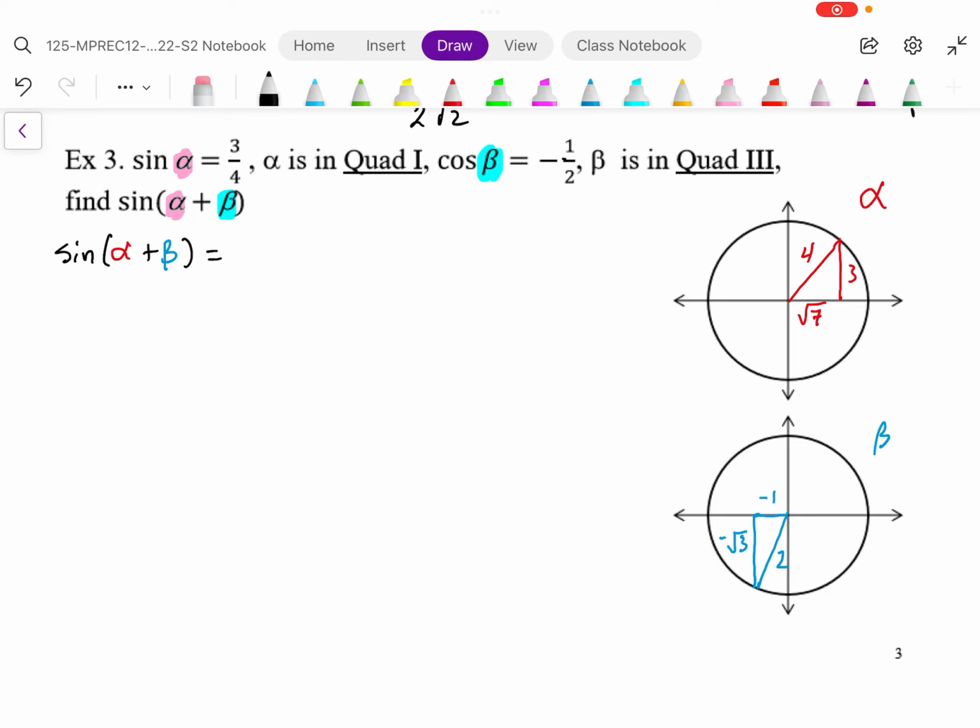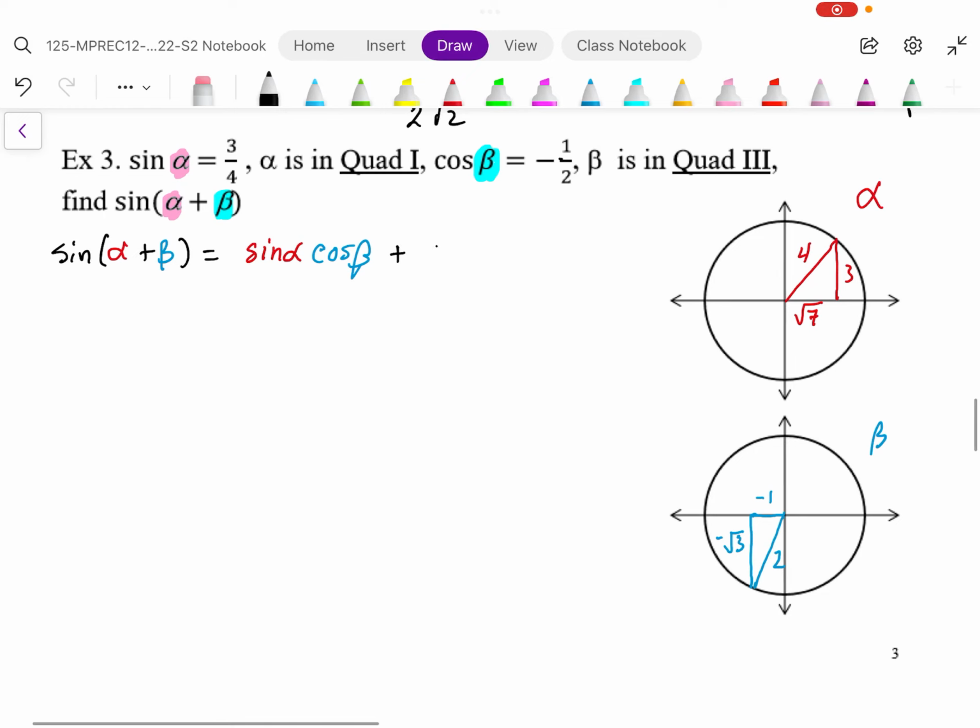The formula for that is going to be sine of alpha cosine beta plus sine beta, and then cosine of alpha. And once we have the formula, all we do is a substitution.